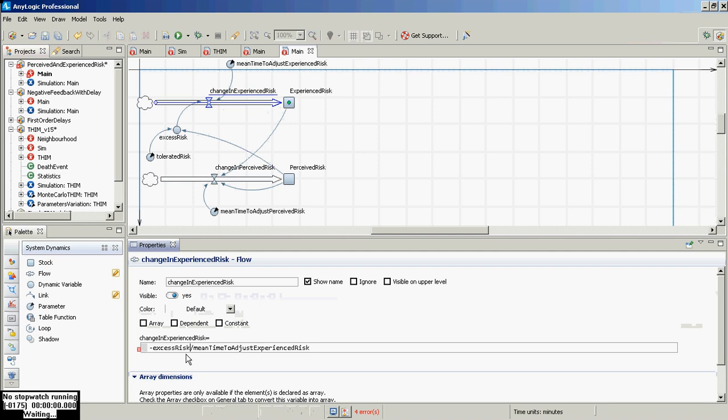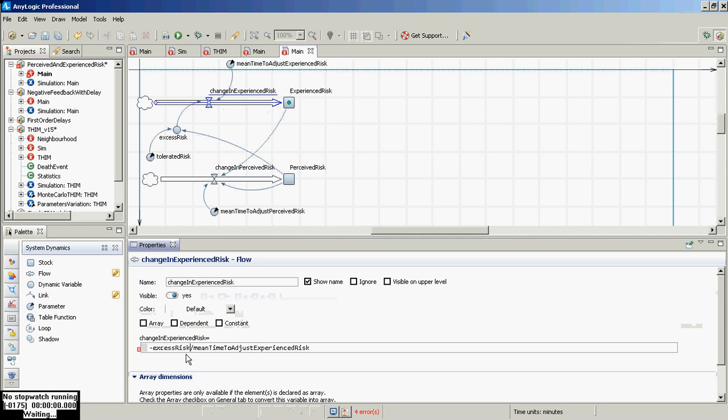So if we have excess risk beyond our tolerance, this will be flowing in negative. If we have a deficit of risk, if our perceived risk is below our tolerated risk, then we'll have a positive flow in, and therefore experience risk will be going up.